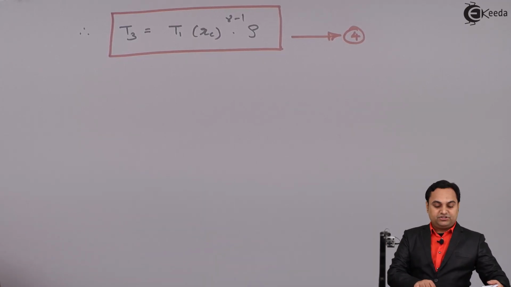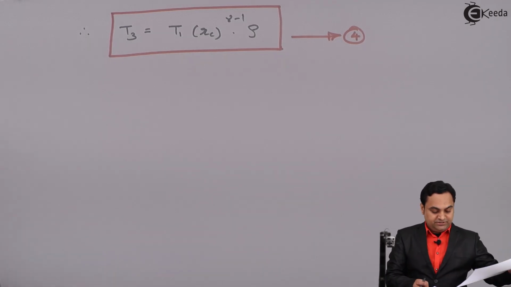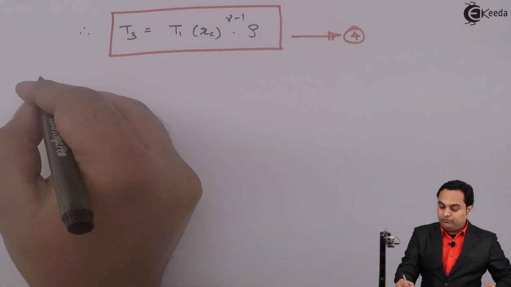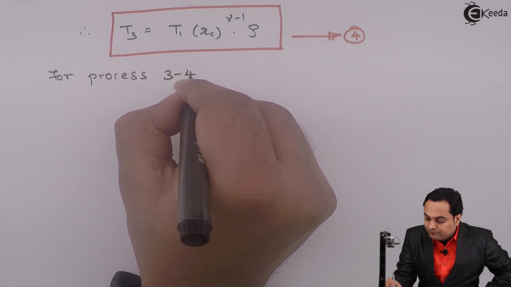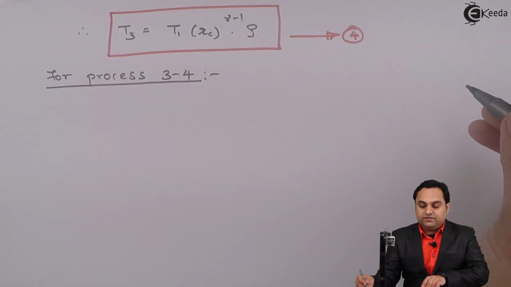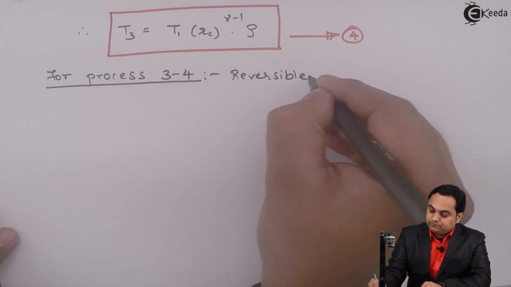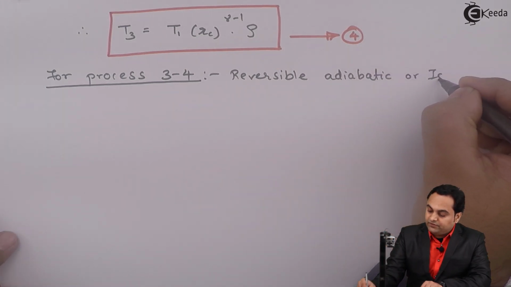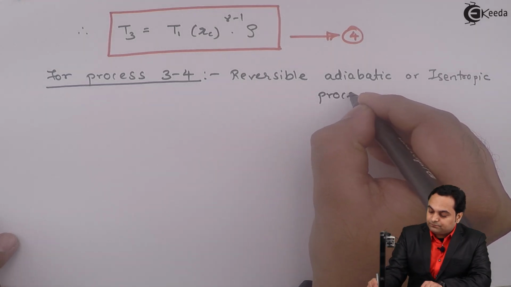Next, for process 3 to 4, which is the isentropic expansion, or in other words reversible adiabatic expansion. So I'll write down for process 3 to 4, that is a reversible adiabatic, or isentropic process.